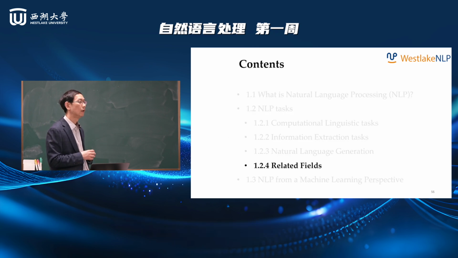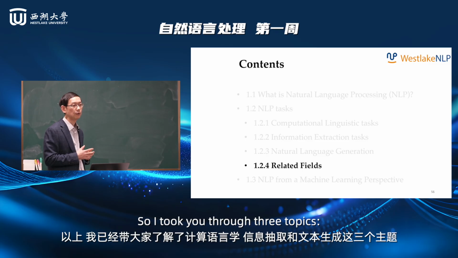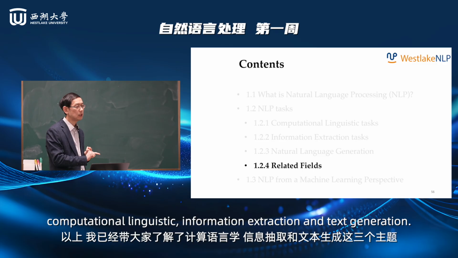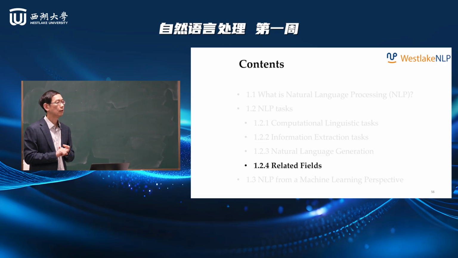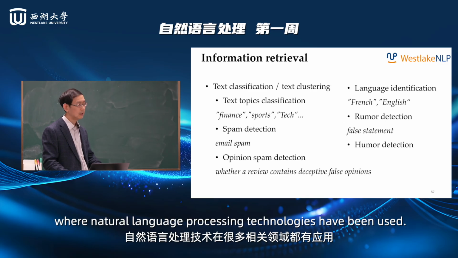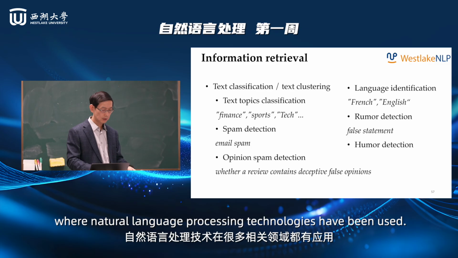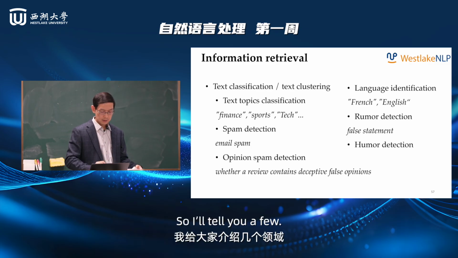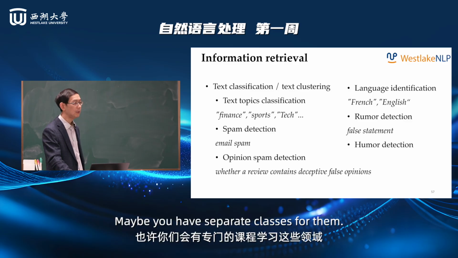So I took you through three topics: computational linguistics, information extraction, and text generation. There are a lot of related fields also where natural language processing technologies have been used. So I'll tell you a few. Maybe you have separate classes for them.